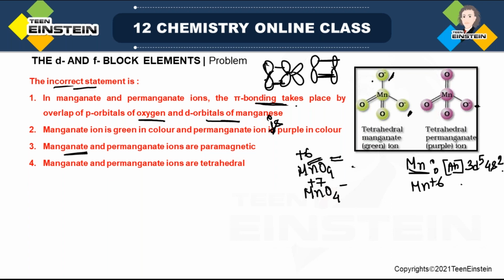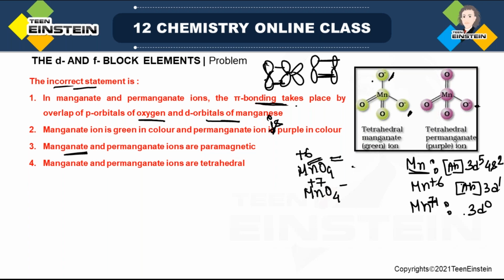If there is +6 oxidation state, that means there is a loss of 6 electrons, 2 electrons from 4s and 4 electrons from 3d. So the structure will be argon and then 3d1. But when it is in +7 oxidation state, all 7 electrons are removed, and now it is 3d0. So in +6 oxidation state you have 1 unpaired electron, but in +7 you do not have any unpaired electron.